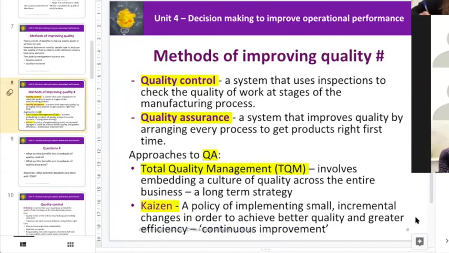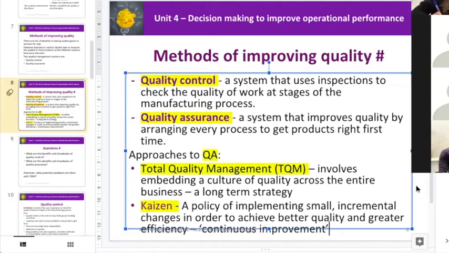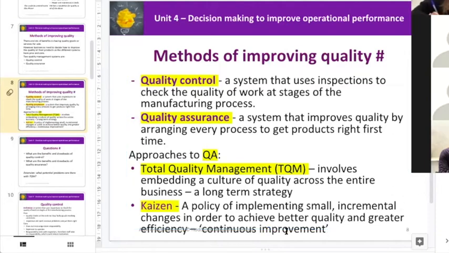The second method we can use is called Kaizen. Okay, Kaizen is a Japanese philosopher. He came up with this policy of implementing very small and gradual incremental changes in order to achieve a better quality. There is another name in business, we call that continuous improvement.